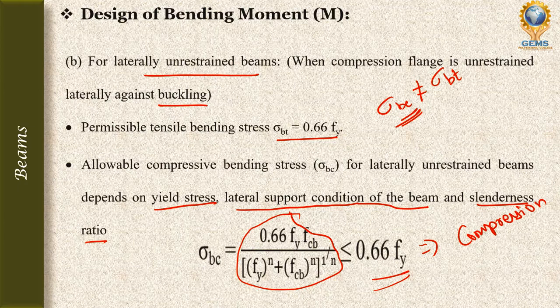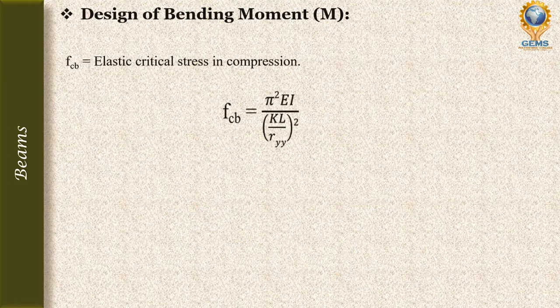We know fy is the yield strength. fcb is the elastic critical stress in compression. How will we find fcb? fcb is equal to pi square E by the slenderness ratio KL by ryy, squared.